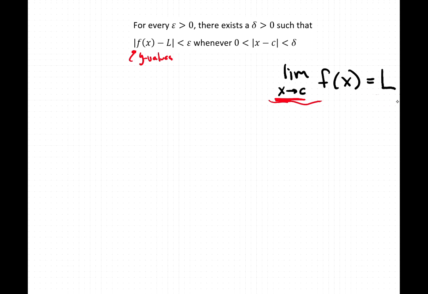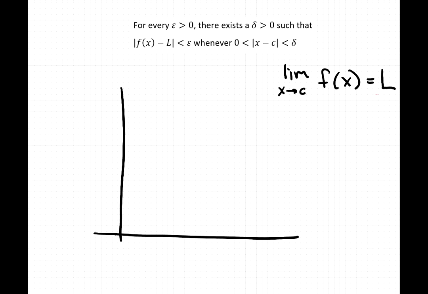Okay, so let me get rid of this red. Let's look at this visually. Let's say I have some generic function. Let's just make it look something like this. So here's our f of x, and let's say down here is our c.